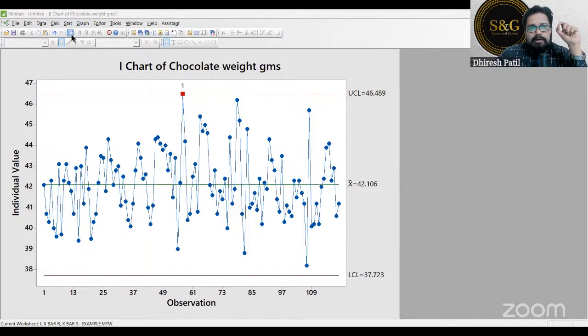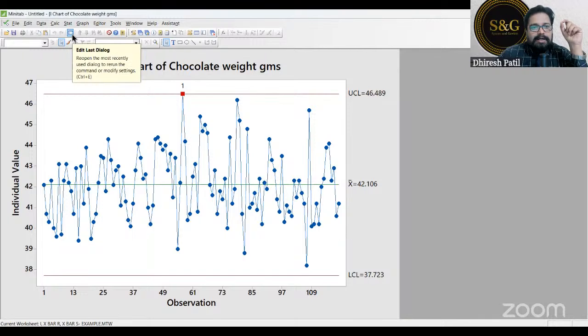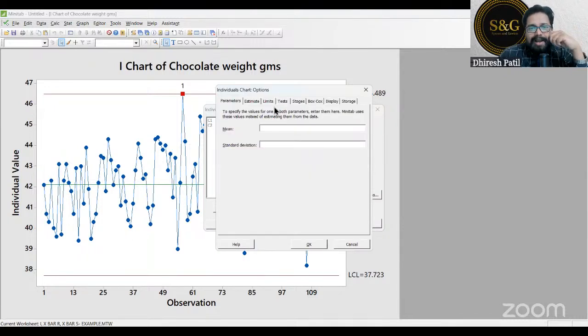Now let's go back to our edit dialog box. Just press Control E. Control E is edit last dialog. Or you can just press here, see my cursor on the left hand side top. This will come again. Now here, go to the I chart options and go to Tests.